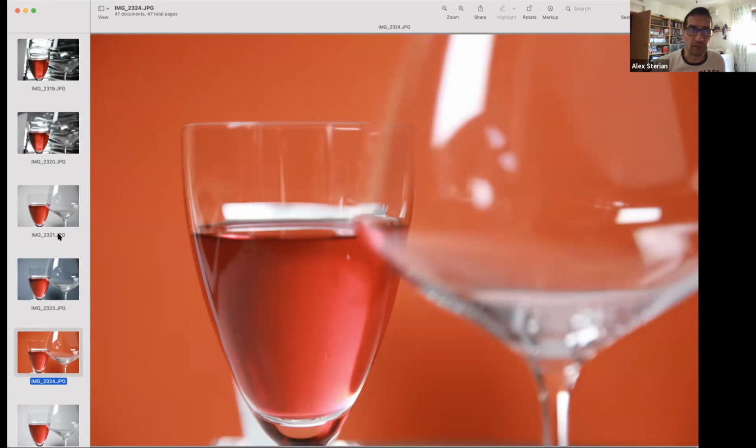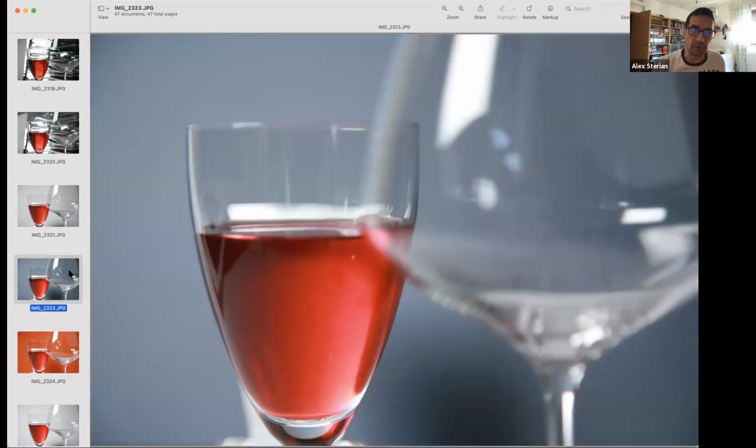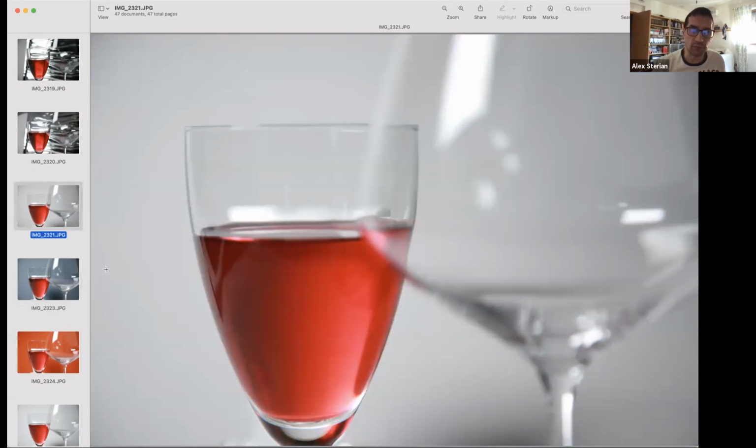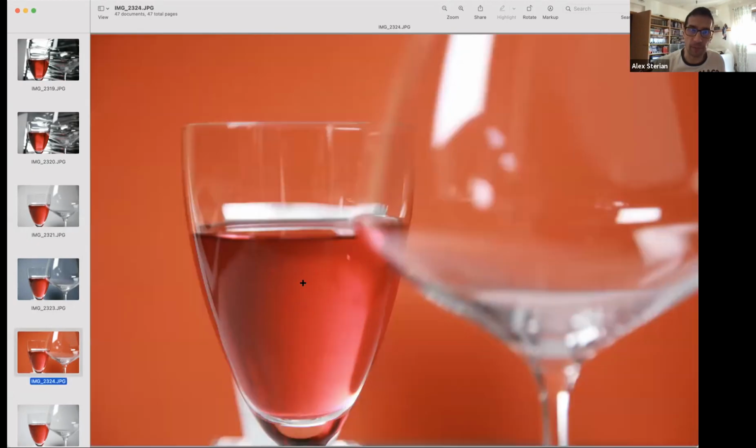Of course, one of the most interesting ones is the one with a little contrast, which is warm, cool background instead of neutral to warm liquid, or just warm to warm background.